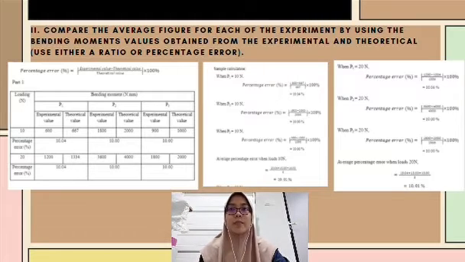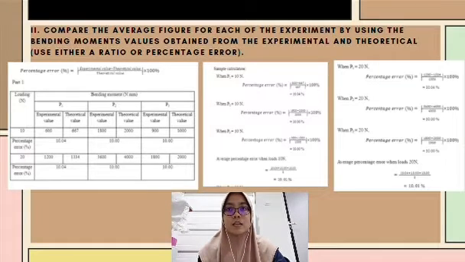So in this table for part 1, we compare the experimental value with theoretical value at P1, P2 and P3 for load 10N and 20N. So to calculate the P1 for 10N, the percentage error in percent equal to 600 minus 667 divided by 667 in modulus and multiply with 100%.